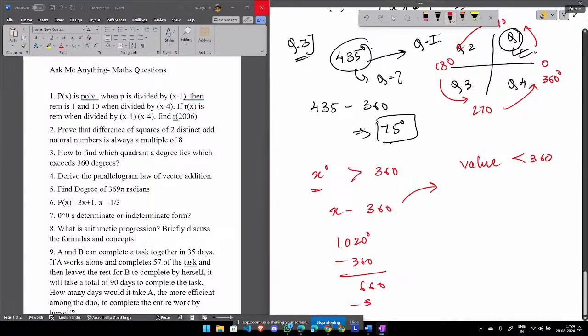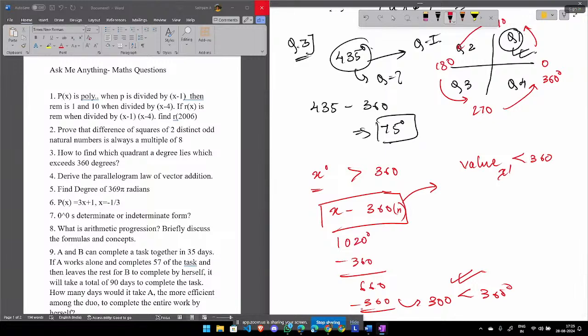Now again I subtract 360, and what is left is 300. Now 300 is less than 360 degrees, so my condition is satisfied. What did I tell you? We have to do x minus 360 times n so that the value x dash is less than 360. So 300 is less than 360.